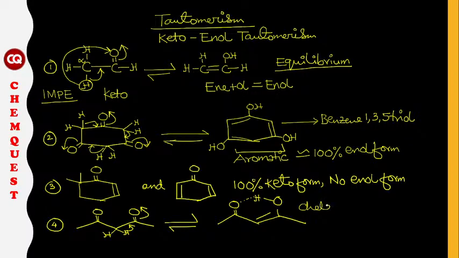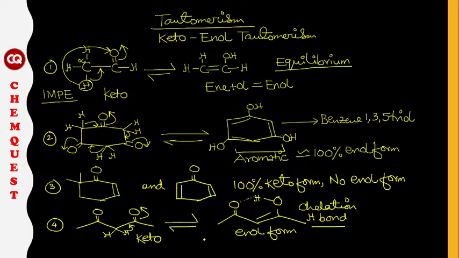Intramolecular hydrogen bonding, or chelation, or hydrogen bond formation, increases the enol form, by hydrogen bonding and resonance also. These are known as keto-enol tautomerism type.